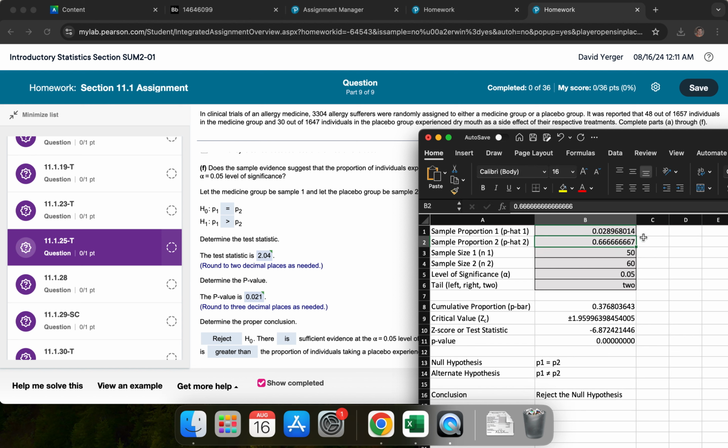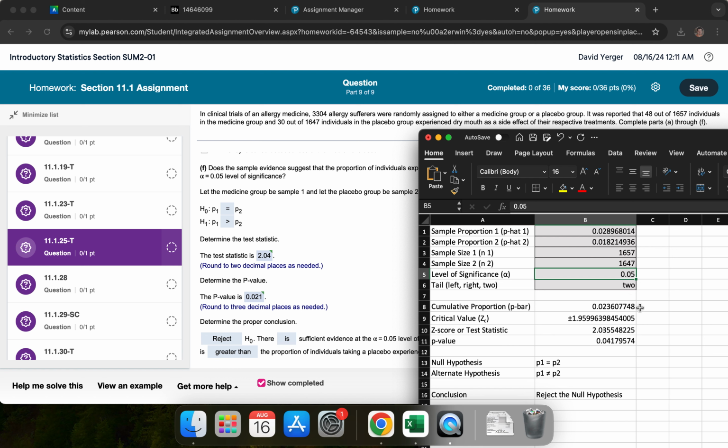Press enter. The second one is 30 out of 1,647. So type equals 30/1647. Press enter. The sample size for the first one was 1657. Sample size for the second was 1647.